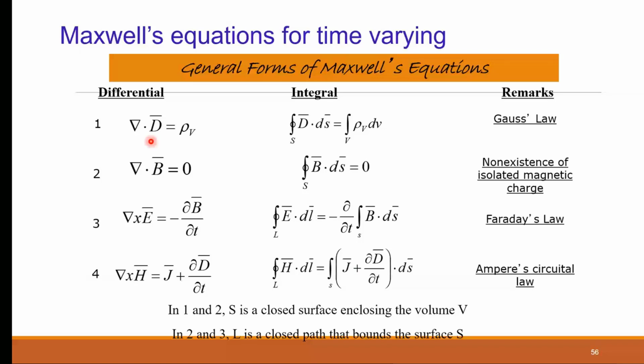Then second, for magnetic field, closed surface integration of B bar dot ds bar is equal to 0. The same law is there for steady state, so its point form, or differential form, is del dot B bar is equal to 0. Okay, because the magnetic charges cannot be isolated.